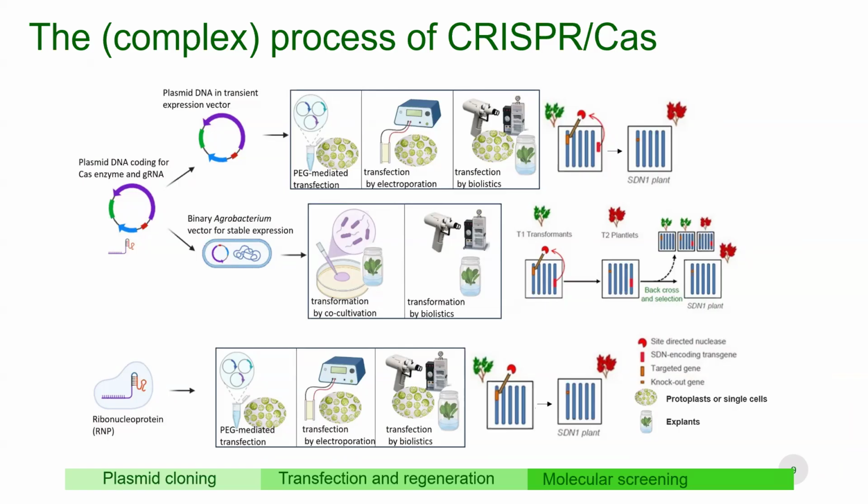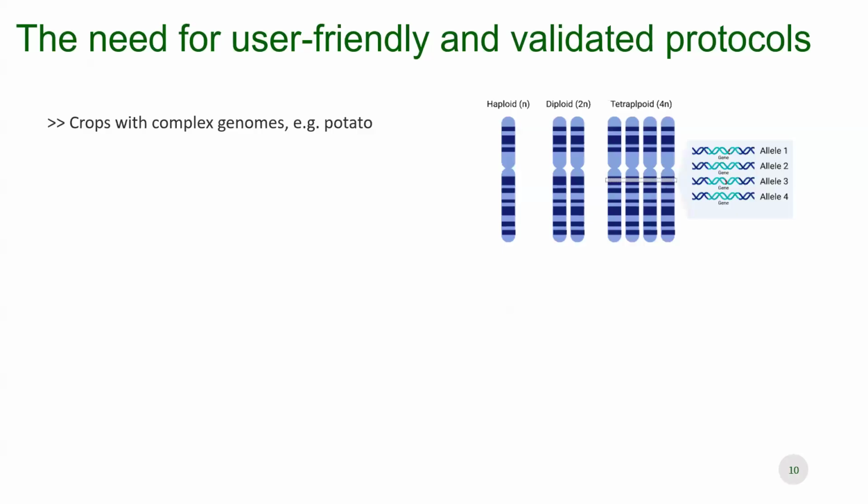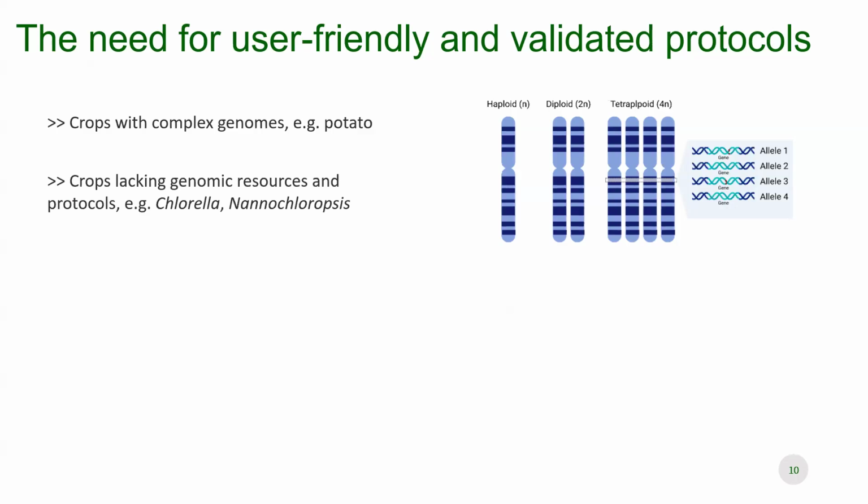experiment. So for that, it would be very helpful for researchers to have user-friendly and validated protocols, and preferably all in one place, so the landscape of the protocols is not so difficult anymore. And especially when you want to work with complex genomes such as potato, which is a tetraploid, or if you want to work with crops that don't have genomic resources and protocols available, such as Chlorella and Nannochloropsis, which are microalgae.